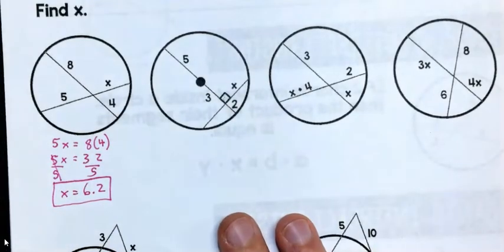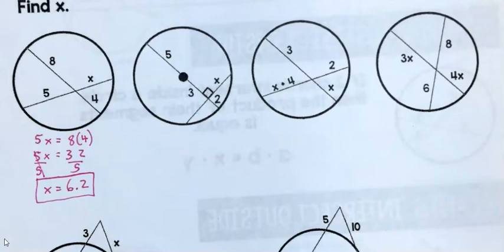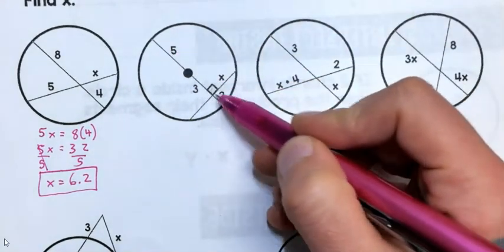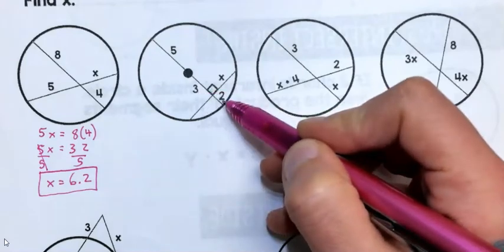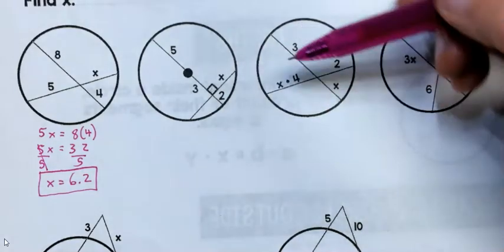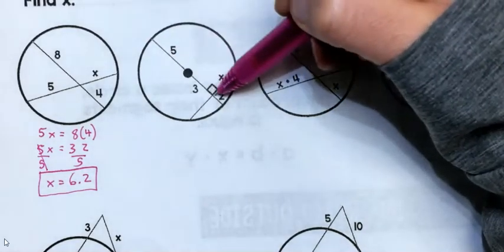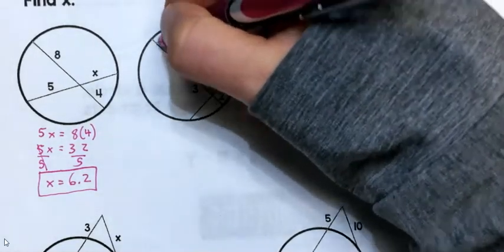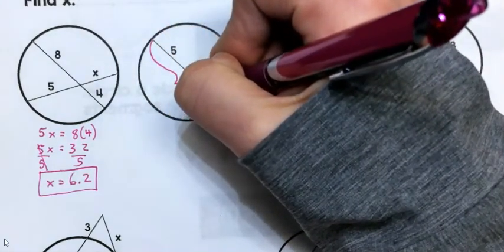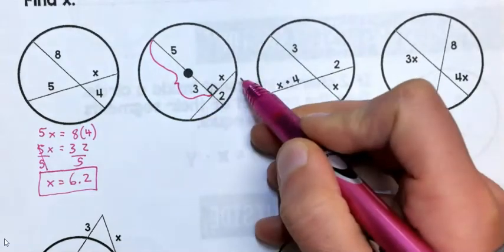All right, this next one, we have the same thing. Which one are we talking about here? We're not just looking at the 5. We're looking at this whole section over here until it's broken up by the other chord.